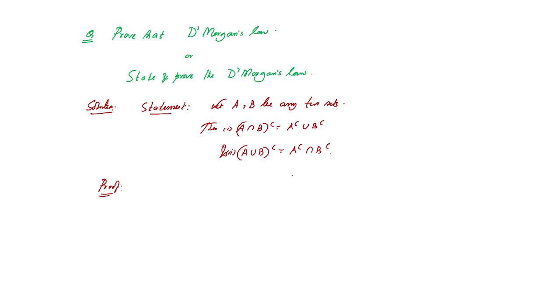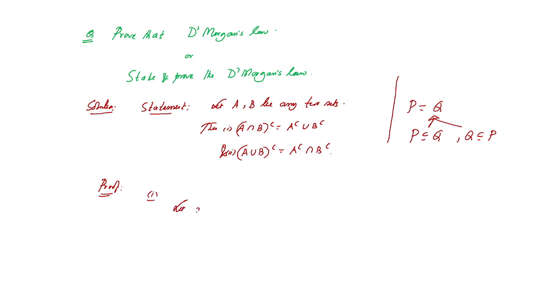The proof for the first case: to show that set P equals Q, first you show P is a subset of Q, then you show Q is a subset of P, and from that we can conclude P equals Q. So here we have to prove that (A intersection B) complement equals A complement intersection B complement.